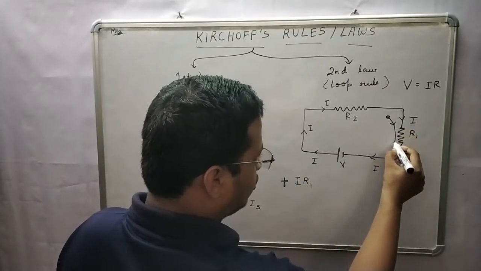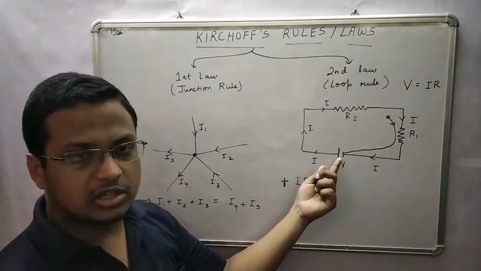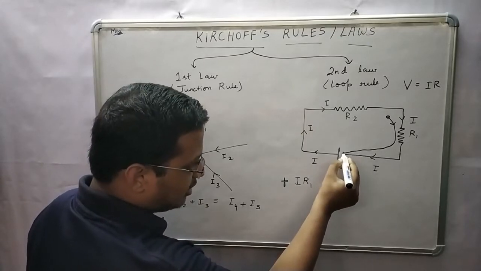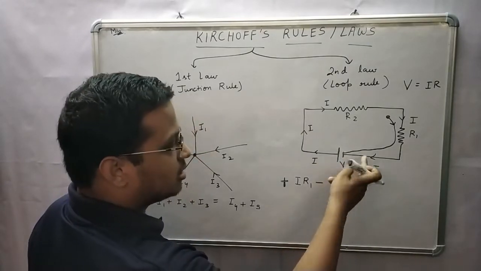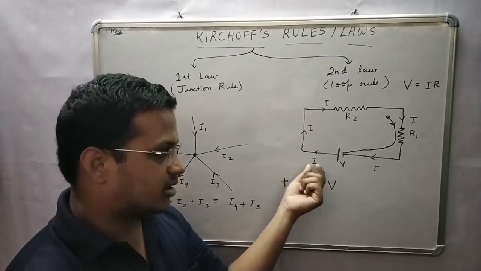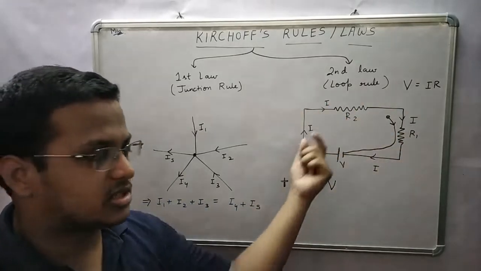Then we continue moving and we strike the negative terminal of the battery. Since we have struck the negative part, write minus of the battery's value V. Here there is no need to multiply with current because this is already a potential. We have to note all the potentials here.